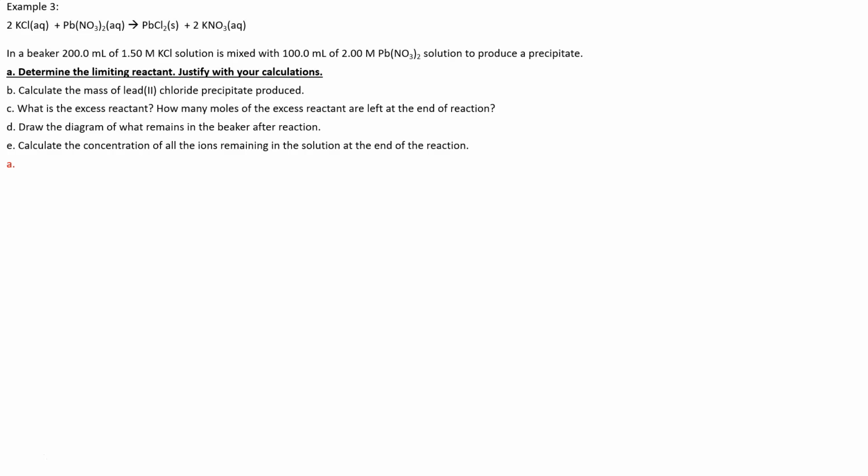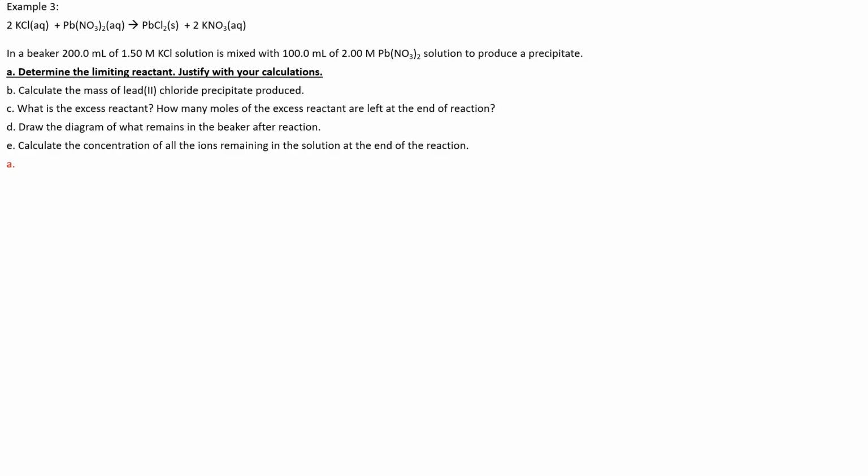We want to determine the limiting reactant justified with calculations, find the mass of lead 2 chloride precipitate that's produced, and then we want to find out what the excess reactant is and how many moles are left at the end of the reaction. Draw a diagram of what remains in the beaker after it's done, and calculate the concentration of all of the ions remaining in the solution at the end of the reaction. So this is a more involved problem. It's the hardest, longest stoichiometry problem in this video.